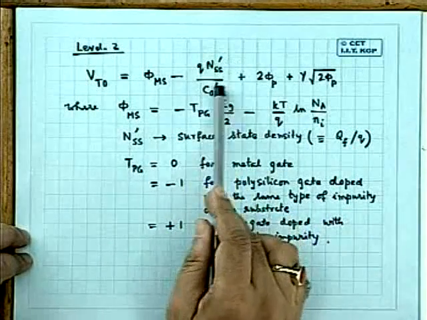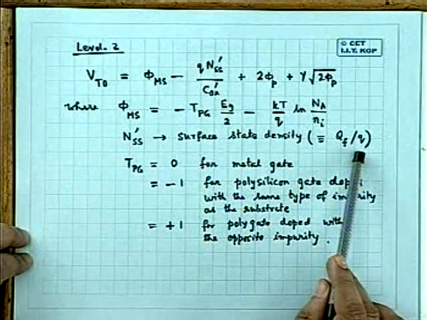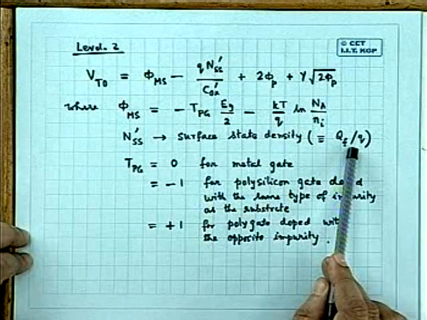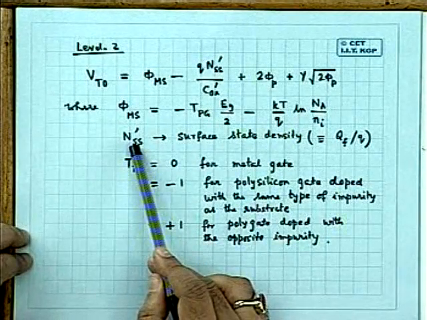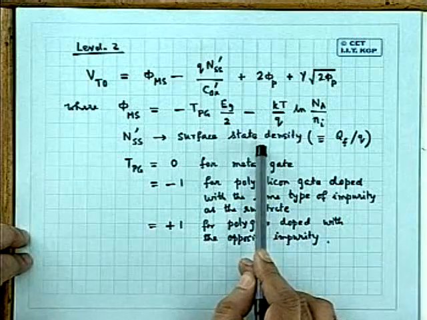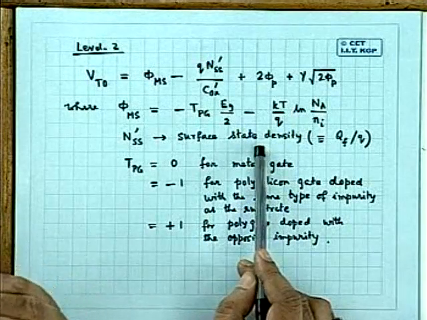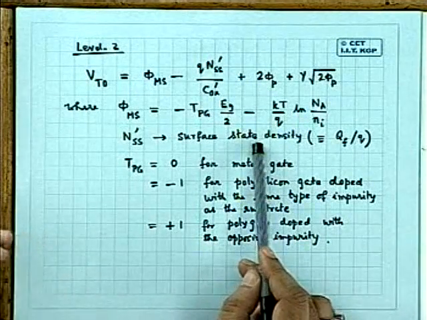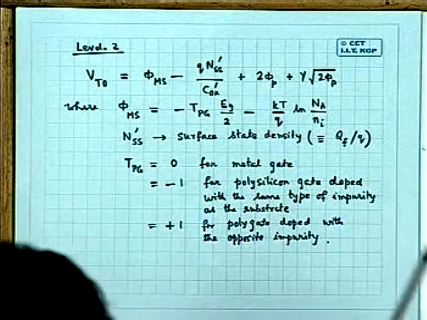Instead of QF, they prefer to use QF by q, which is called NSS, the surface state density. But this is the non-stoichiometric layer, called fixed oxide charge. There is a fast state, that is a different thing.